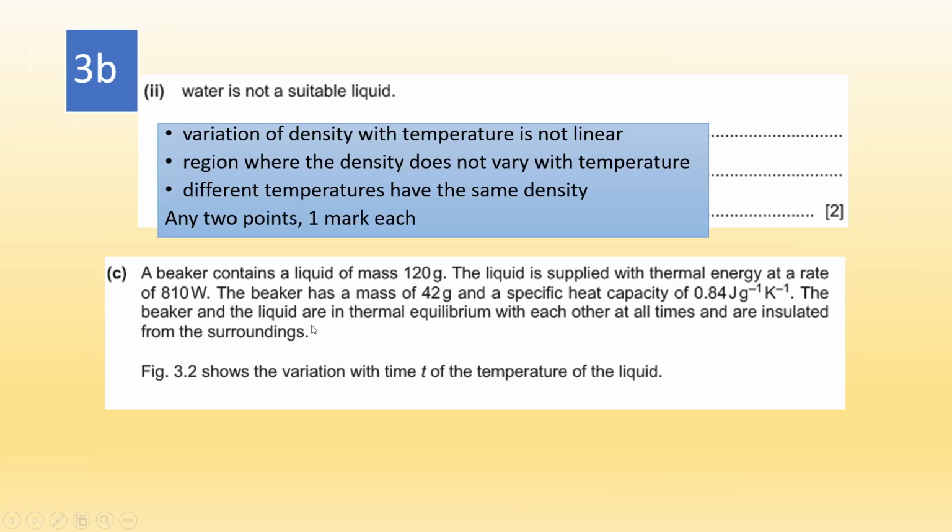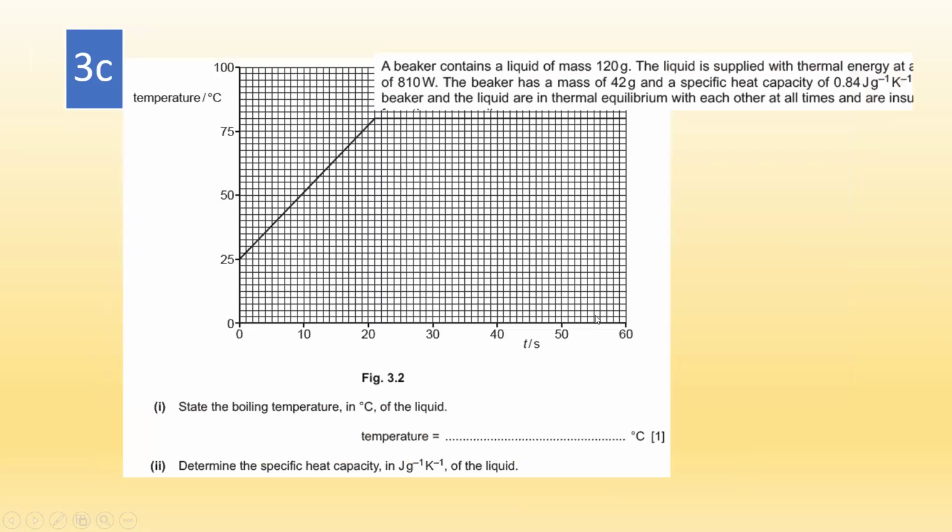The beaker and liquid are in thermal equilibrium with each other all the time and are insulated from the surrounding. Show that the variation with time t of the, okay, that's a figure. State the boiling temperature in degrees Celsius for a liquid. What is the boiling temperature?